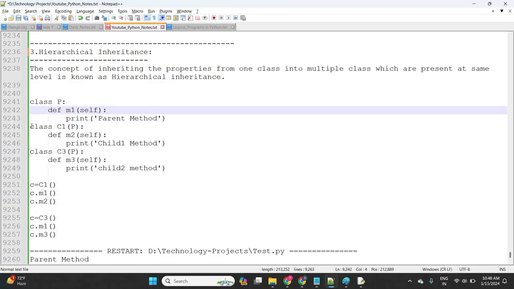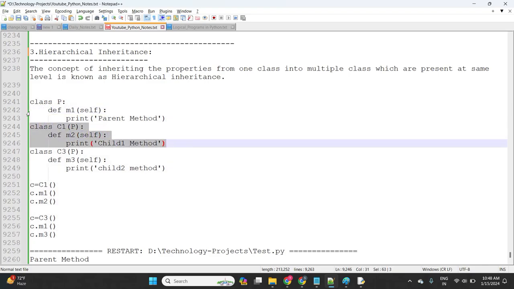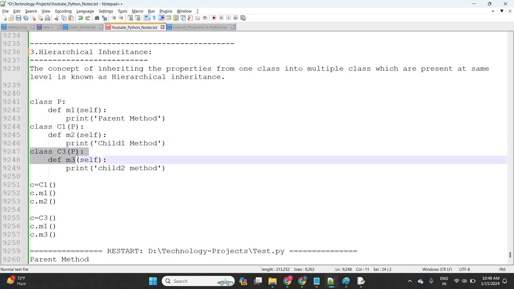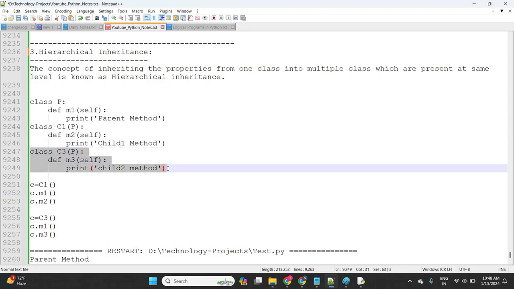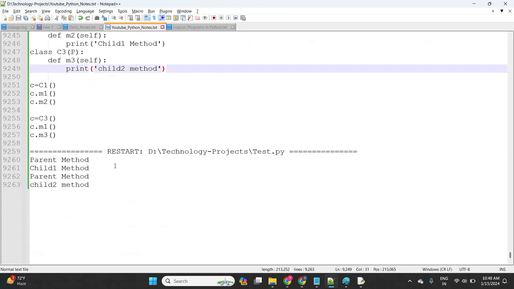Parent class instance method, child class instance method. Child class extending parent class. Another child class I'm taking, that class also extending parent class. So one parent class into multiple classes at the same level is known as hierarchical inheritance.